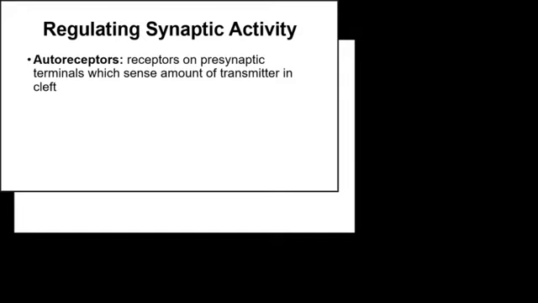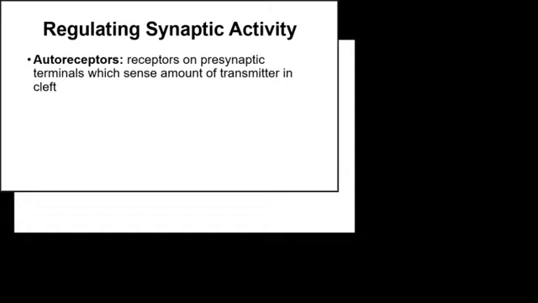All right. And then we can also have something called autoreceptors. And this is, again, just another level of complexity. These are receptors on those presynaptic terminals, which will pick up and detect the amount of neurotransmitter in the synaptic cleft. So these are basically like little survey cameras that tell the presynaptic cell what is already there.